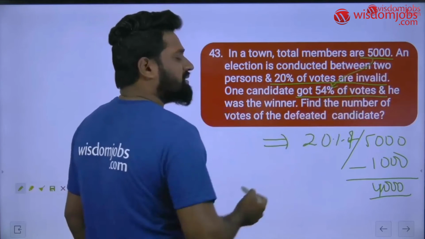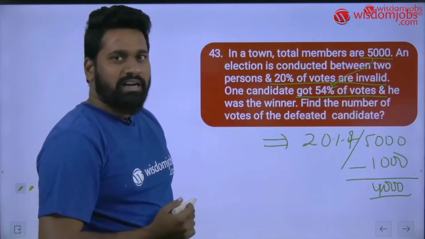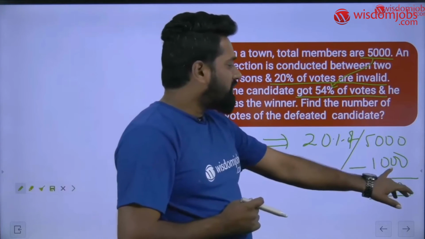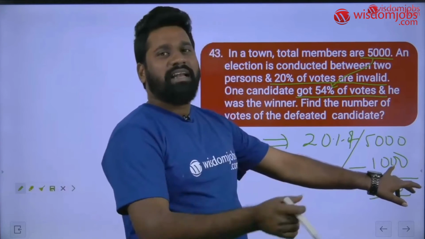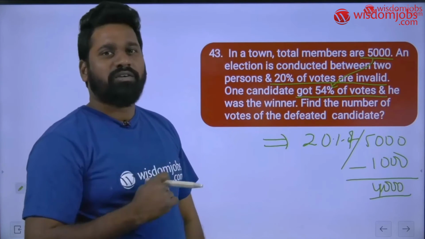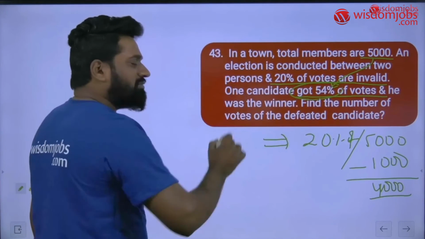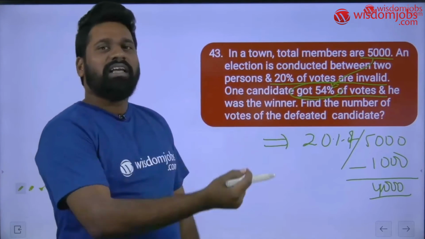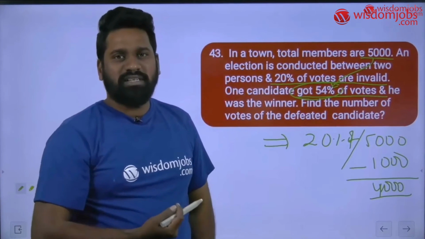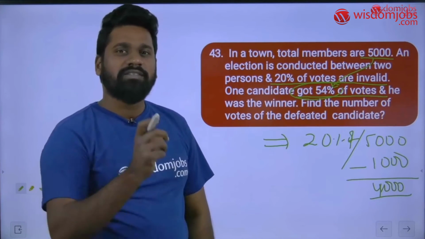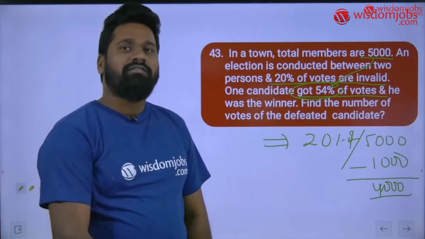That becomes wrong. Always we have to subtract the invalid votes. Only consider valid votes. So one person got 54% of the votes, so definitely the second person got the remaining percentage: 100 minus 54, that is 46% of the valid votes.